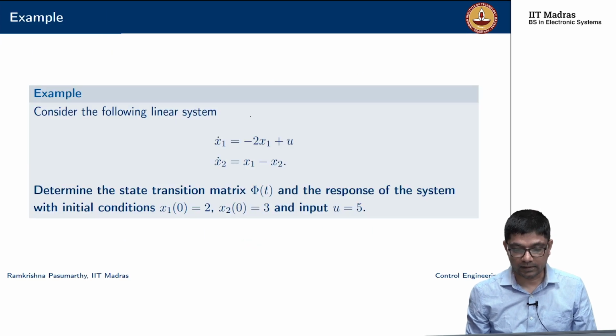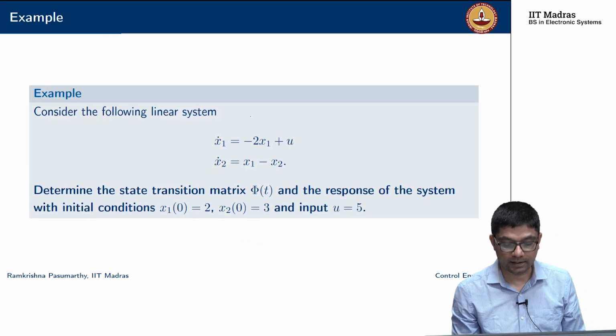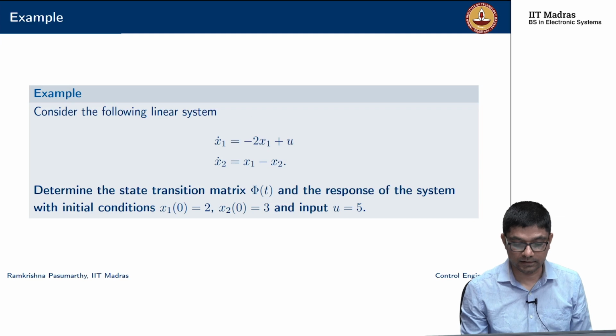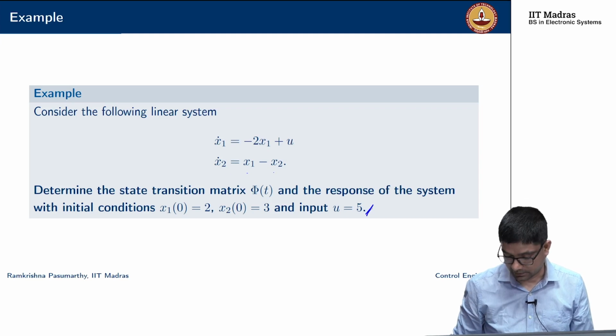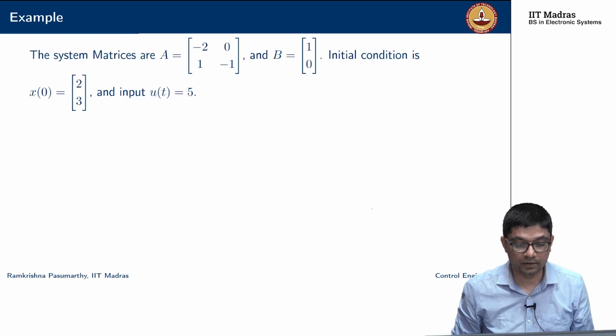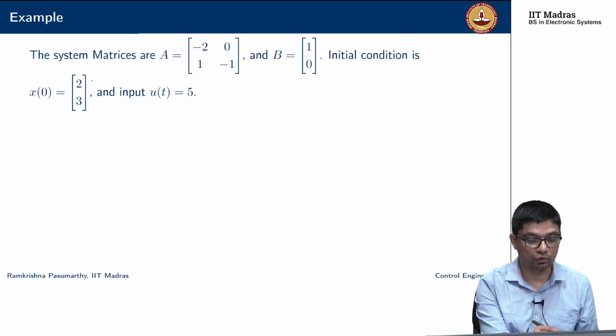Okay, so again I'll just present an example of what these things mean. I have a system of the form x1 dot is negative 2 x1 plus u, x2 dot is minus x1 plus x2. Again, for simplicity I'm taking u as 5, with initial conditions of 2, 3.